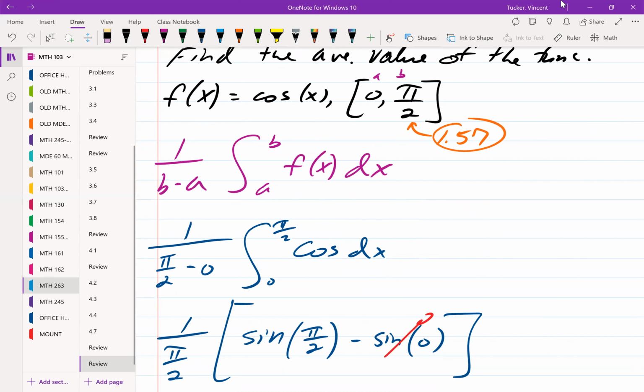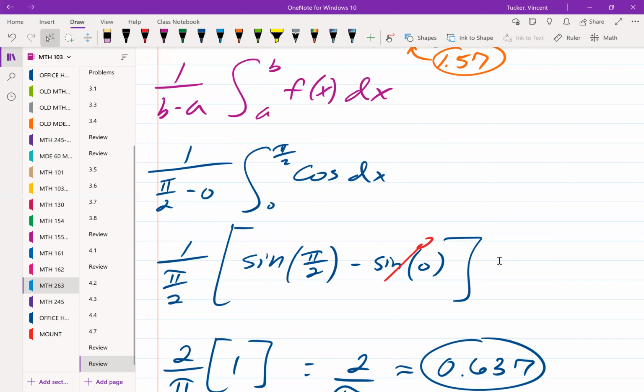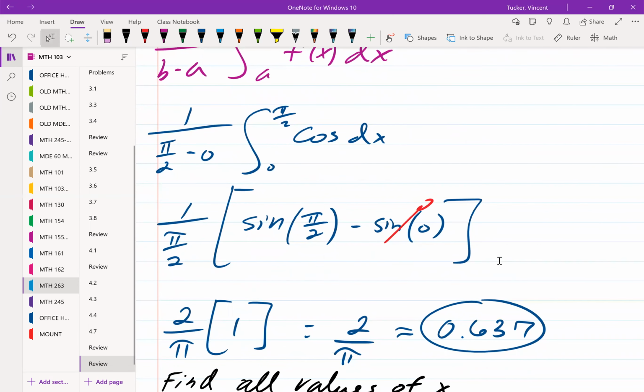All right. Then from there, plug in pi over 2 and 0 into sine, and do that subtraction. So that's sine of pi over 2 minus sine of 0. Sine of 0 is 0. That leaves you with sine of pi over 2, which is just 1.